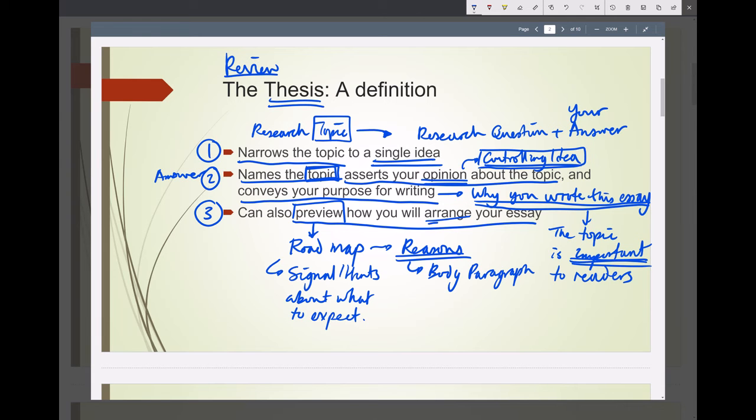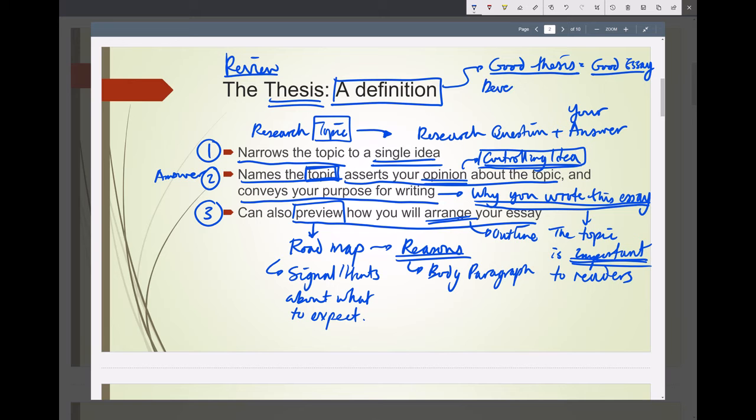So that's the arrangement, and that's part of your essay outline. So your thesis statement actually does quite a lot of things. So it's very important to write a good thesis statement. So translation, the better your thesis statement is, the better your essay is going to be.